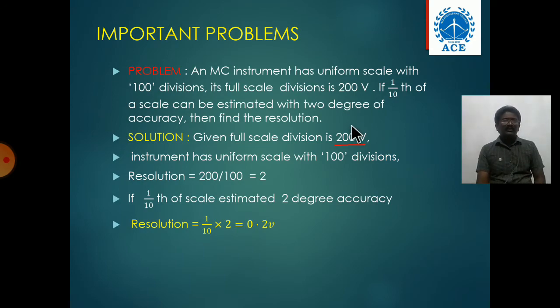So actually that block diagram contains blocks such as measurand, transducer, conditional amplifier, and finally the output display. So with the help of the transducer you can find the measuring value, that is called the quantity.